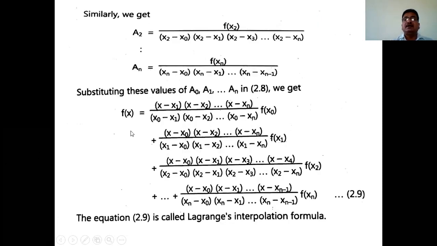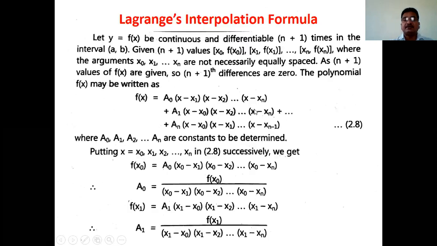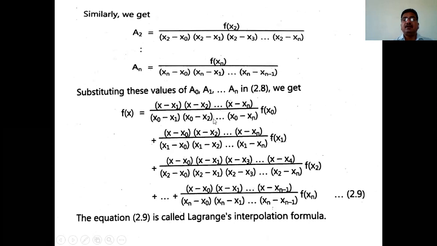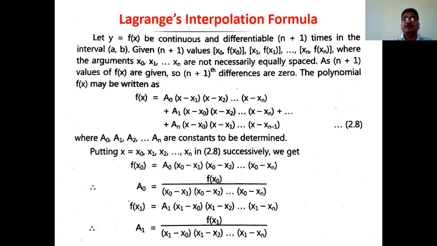So this is an. And substitute all these values of a0, a1, a2, ..., an in equation 2.8. So what do we have? f(x) right here, a0 with this value, then right here a1 with this value, and here an we have this. After adjustment, what is the value of a0? It is f(x0) divided by this, times (x − x1)(x − x2)...(x − xn).